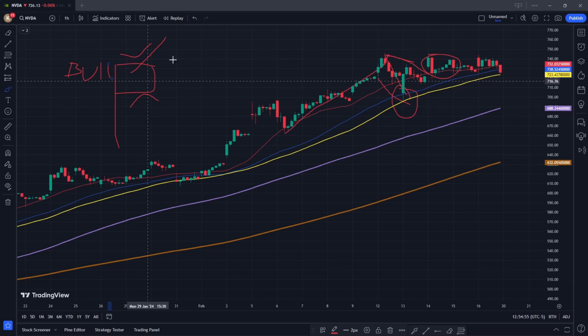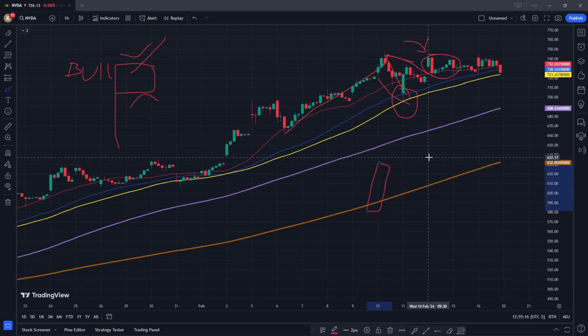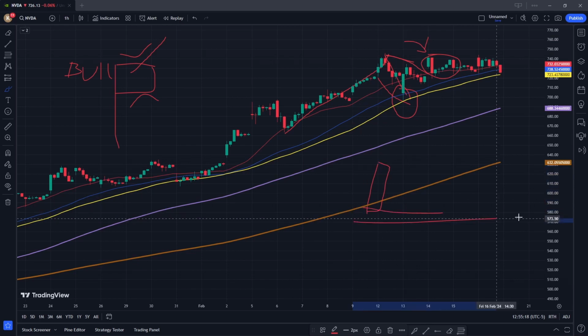But once it breaks out of that flagpole, what's important is to see that the candle that's breaking is completely bullish. Okay. And you have to test whether that bullish candle is confirmed. That could be tested with volume. That could be tested with any additional support, that sort of thing.